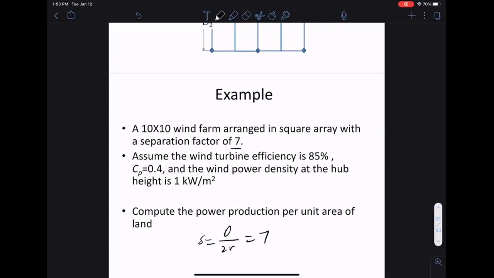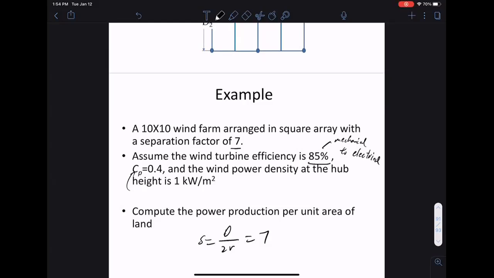We're going to say that the turbine efficiency is 85%, which is mechanical to electrical. The CP is the coefficient associated with the wind, and the turbine efficiency of 85% is the conversion from mechanical power to electrical power.